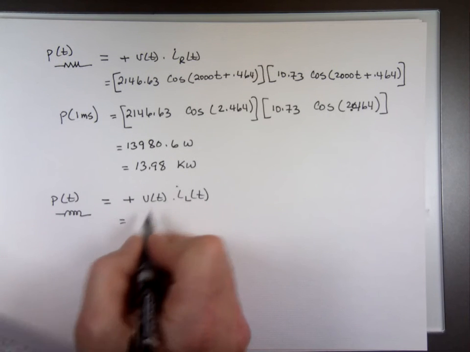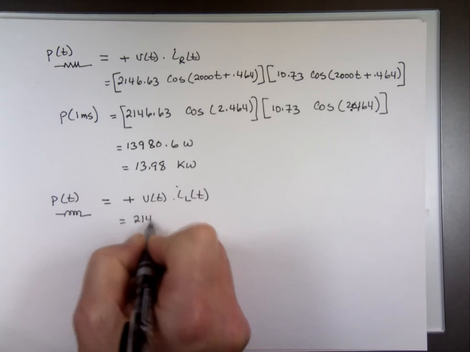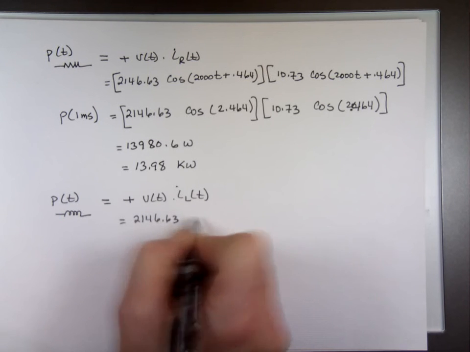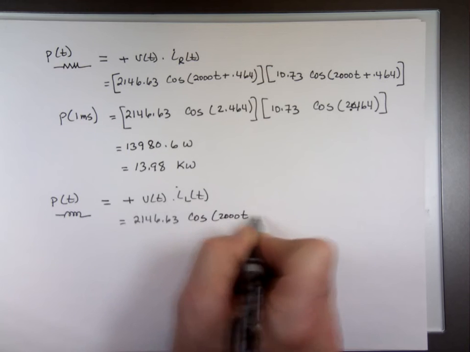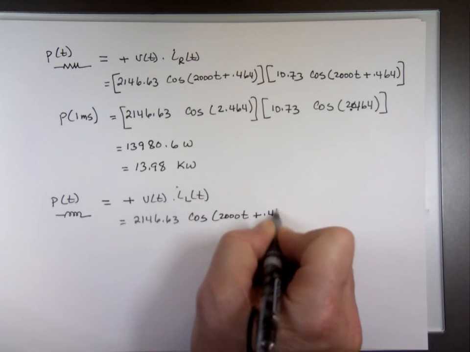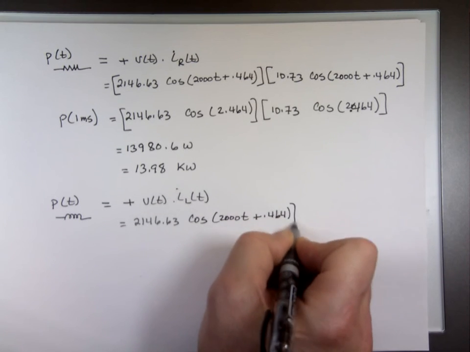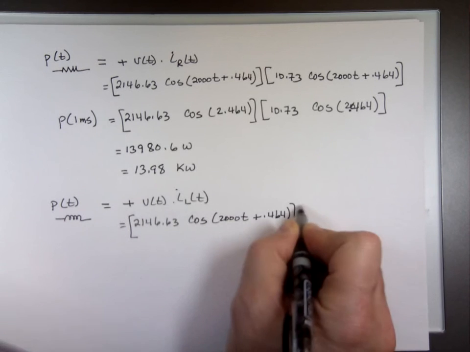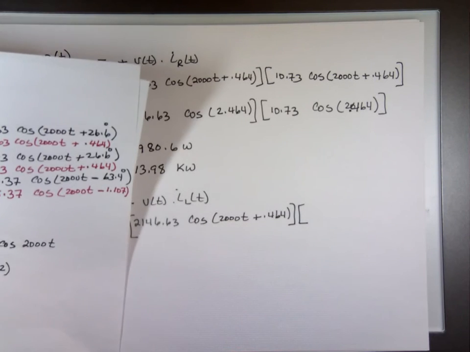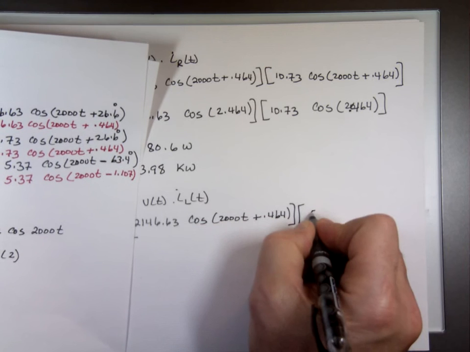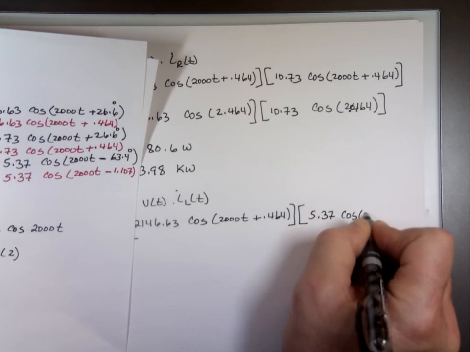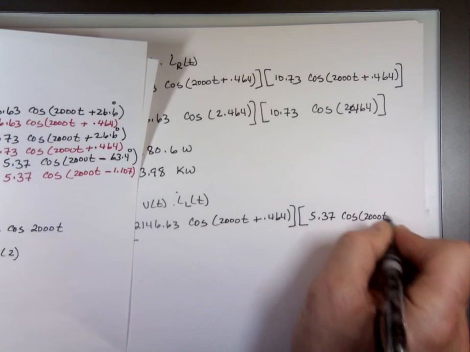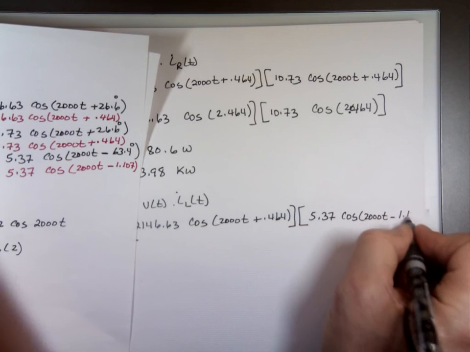Again, it's the same voltage: 2146.63 cosine(2000t plus 0.464) times the current through the inductor, which is 5.37 cosine(2000t minus 1.107).